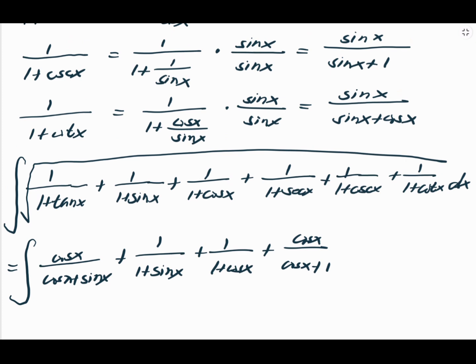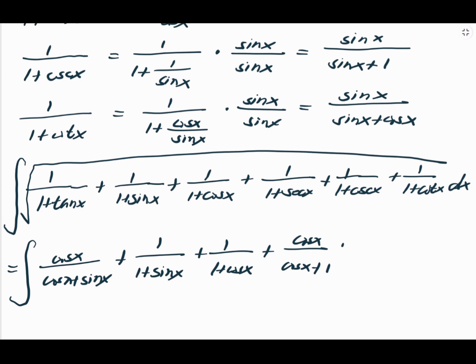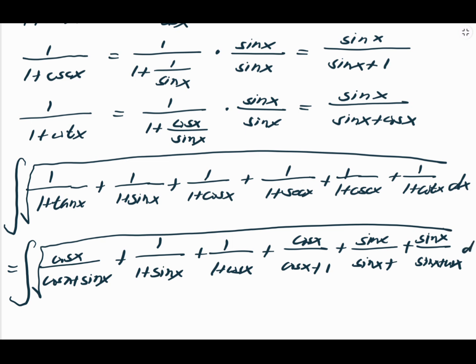And how about 1 plus cosecant? That is sine of x over sine of x plus 1. How about 1 over 1 plus cotangent of x? That is sine of x over sine of x plus cosine of x. And everything is under the root, then dx.